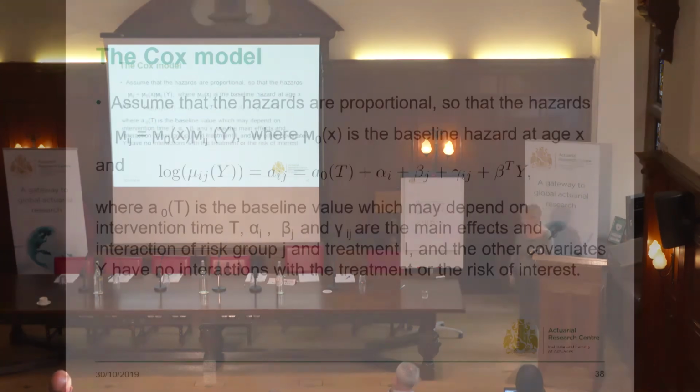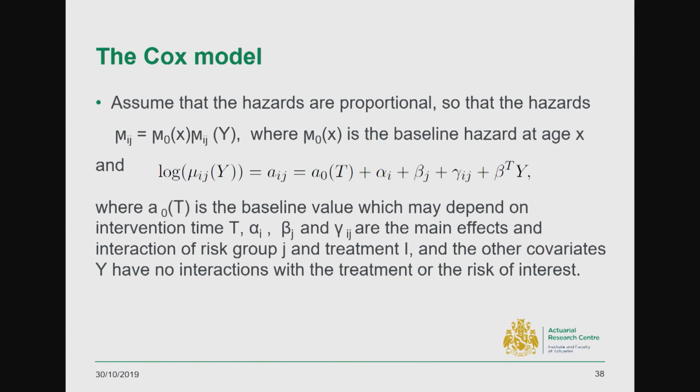Remember that our data comes from a Cox model. And the Cox model is very simple. It gives us a product of baseline hazard and a hazard which depends on the risk group, denoted there by mu_ij. And if I look at the log scale, my log hazard will look like that.